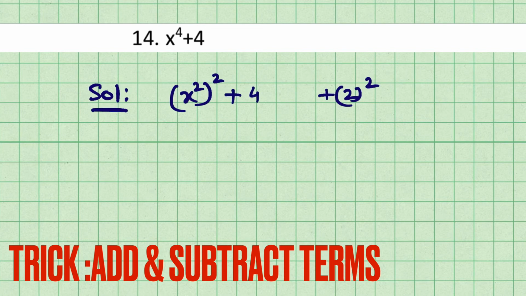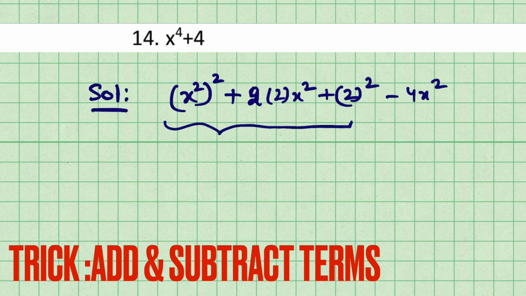I'm trying to match with either (a plus b) whole square or (a minus b) whole square. If that is the case, then I would write 2 into x square, 4x square, and I subtract 4x square. These three terms combined together will become (x square plus 2) whole square, and then the last term can be written as (2x) whole square. Now it's easy.